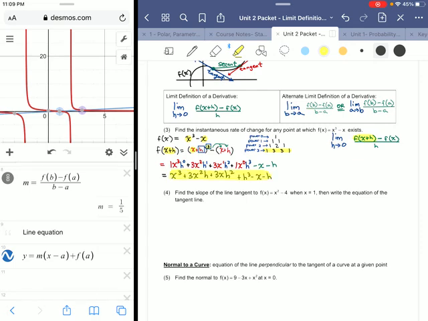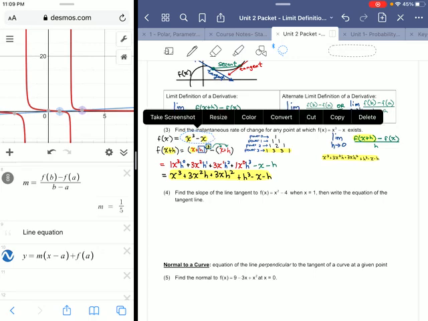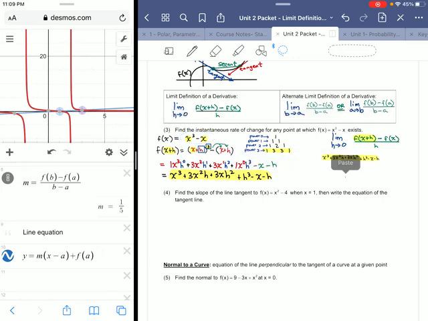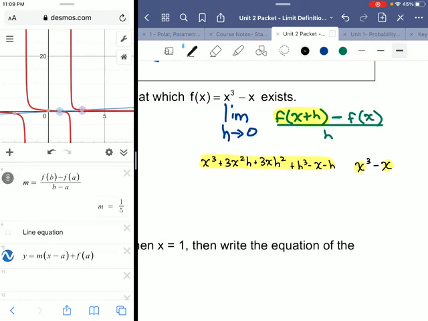Then I'm subtracting from that f of x. Then from that, I'm subtracting off the f of x. And then I'm dividing that by h. All right, and I'm slapping a limit in front of the whole thing here.